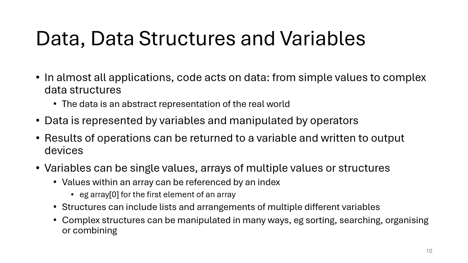As I said, variables can be single values, they can be arrays of multiple values, or they can be structures. Arrays are important because that allows us to have lots of values together of the same type, but then you can reference the different values within that array by using an index. So for example, if you've got an array of full names, you might have me, you might have Bill Smith, you might have Mandy Murray, you might have a bunch of other names.